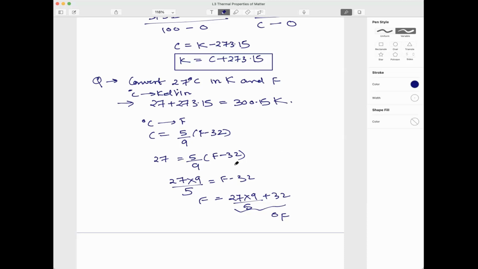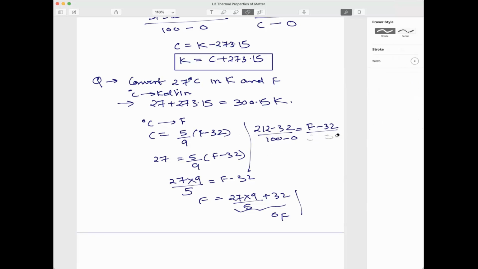Okay. You will get the same thing even if you don't know this formula, because we know the boiling point and the freezing point. So 212 minus 32 divided by 100 minus 0 is equal to F minus 32 divided by C minus 0.